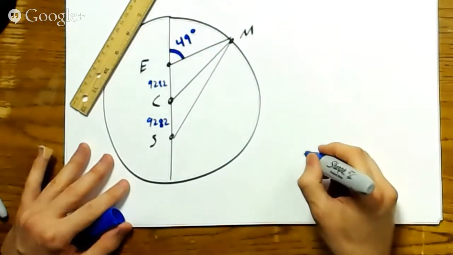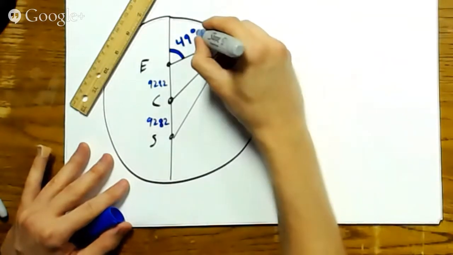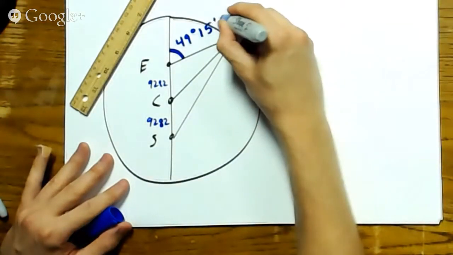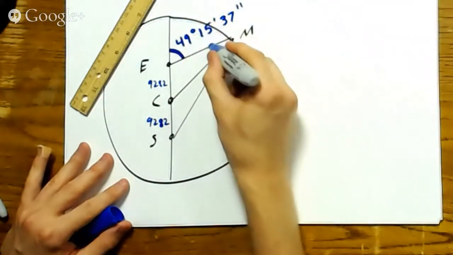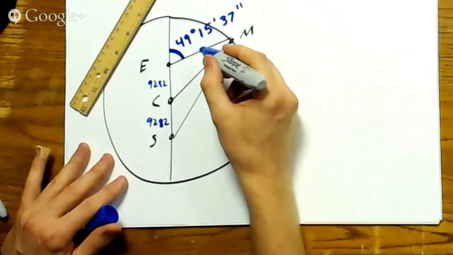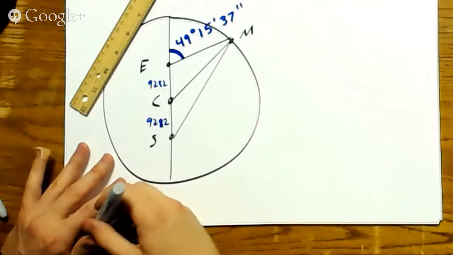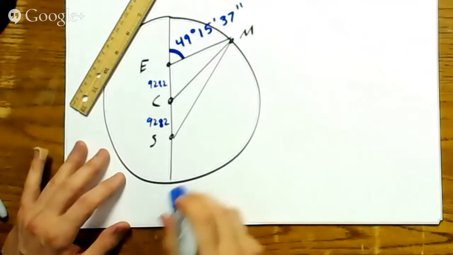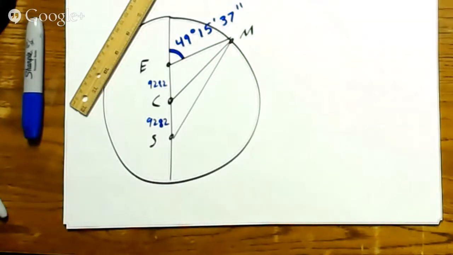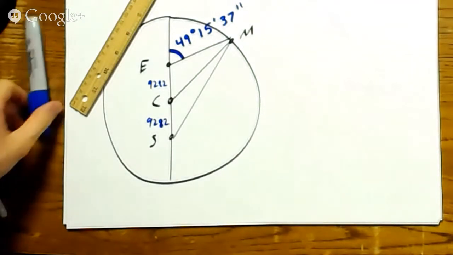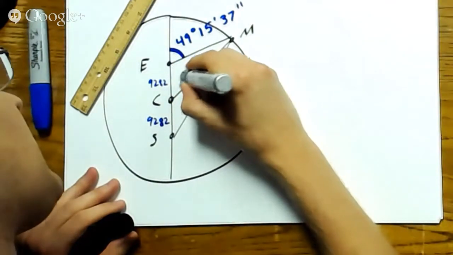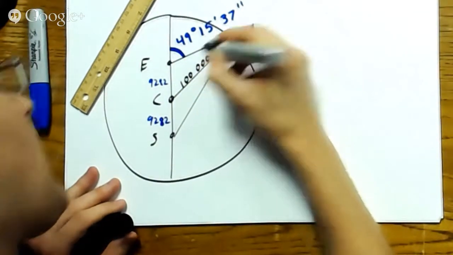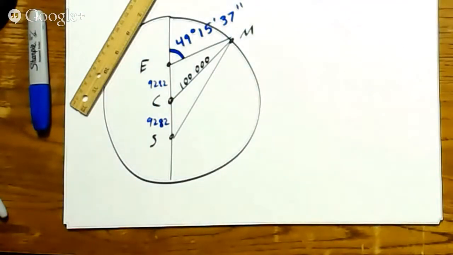I don't know. Anybody help her out there? Mean anomaly? Say again? The mean anomaly? Yep, mean anomaly. Okay. Oh, we know that this is the radius.